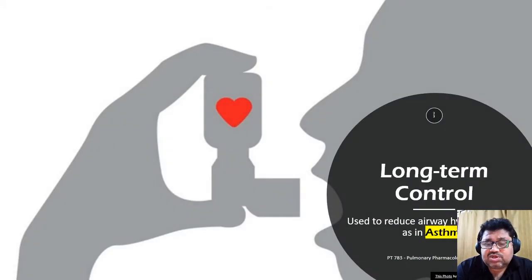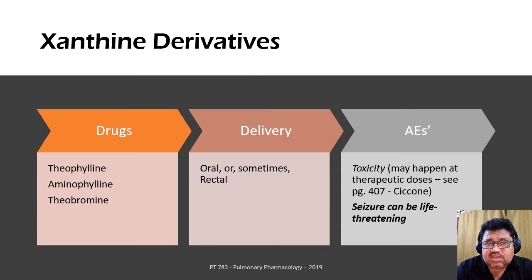Now, long-term control are drugs that are used to suppress or control the symptoms and development of an asthmatic bronchoconstriction. The first group of drugs that is important in this category are the xanthine derivatives. The drugs are specifically theophylline, aminophylline, and theobromine.